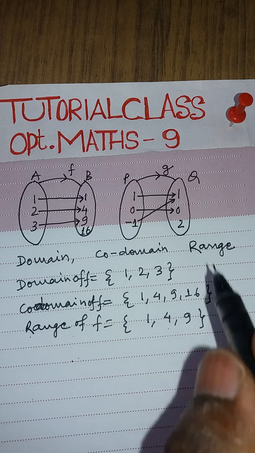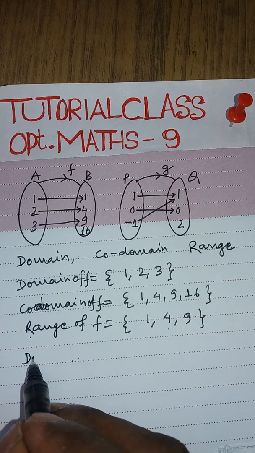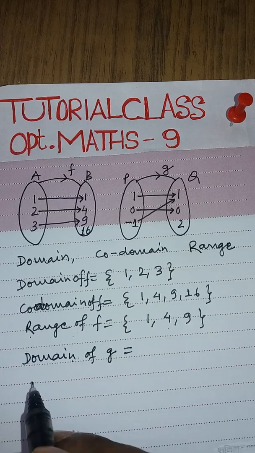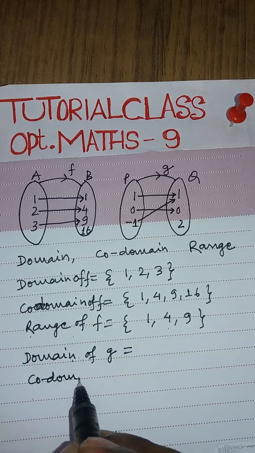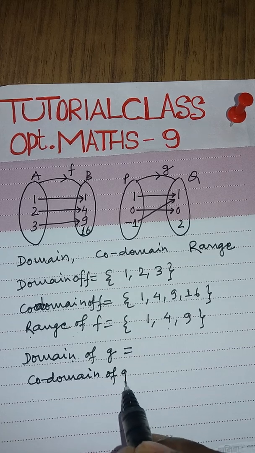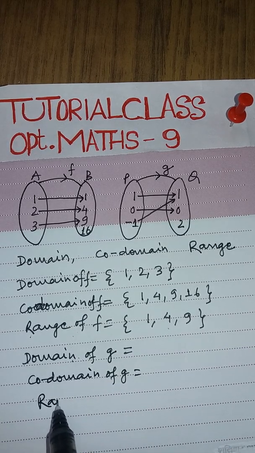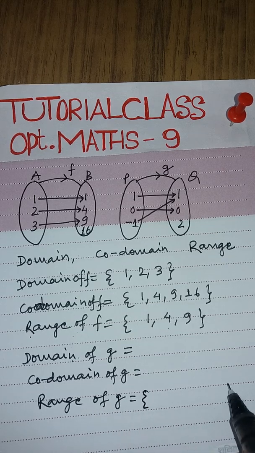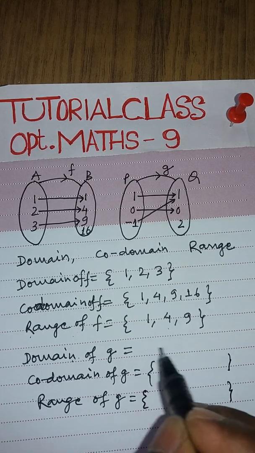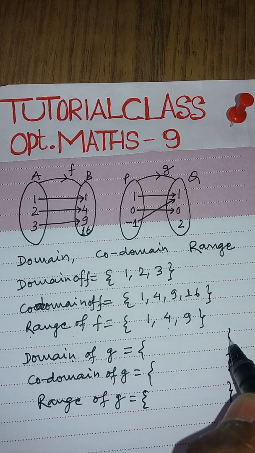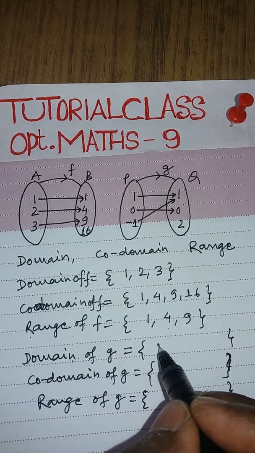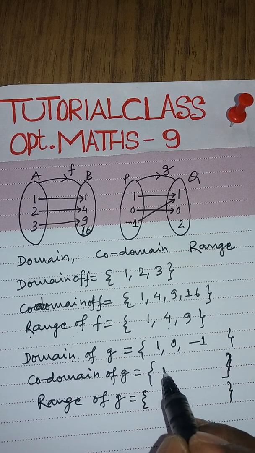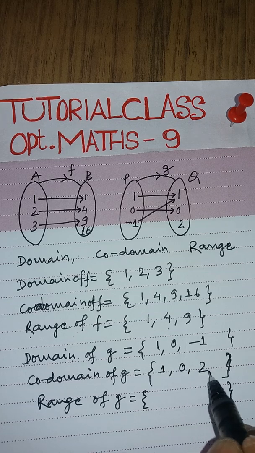Similarly, we can write here the domain of G, codomain of G and range of G. See here, what are they? 1, 0, minus 1. 1, 0, 2.